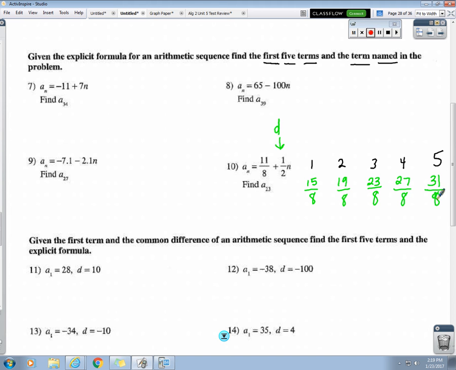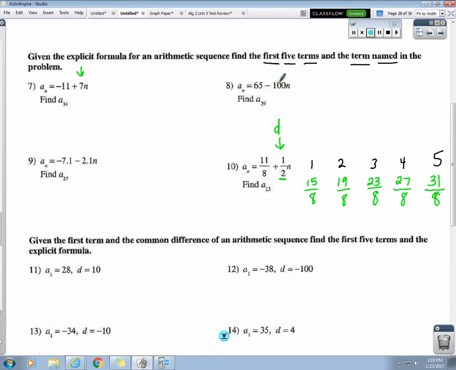Your common difference, what it's going up or down by, will always be beside the n in the explicit formula. So like, what's the common difference in question number 7? 7. Isn't that the number sitting beside the n? So what's going on in question number 8? How are you getting from one number to the next?